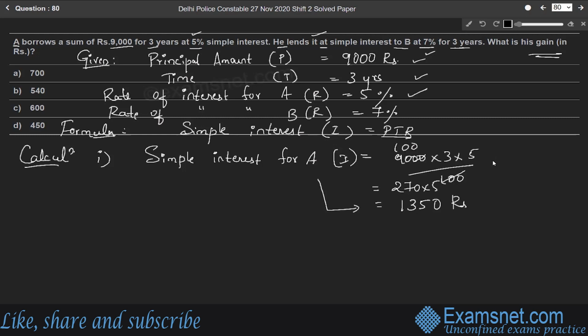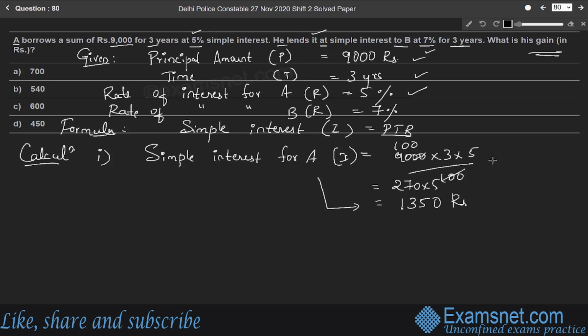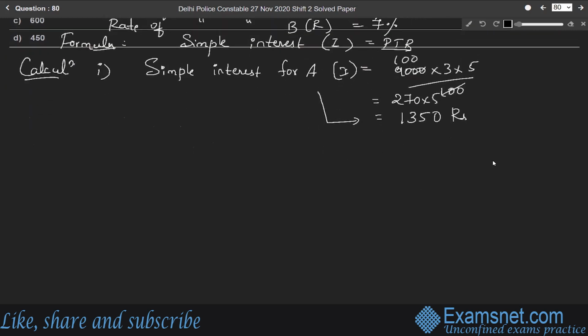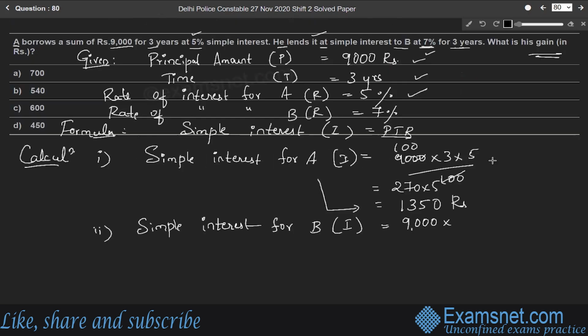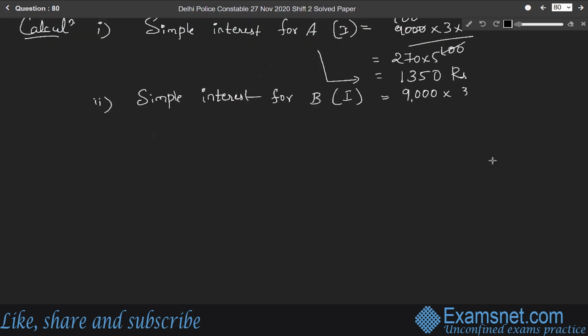So he lends the same money, that is 9,000 rupees, to B at 7% rate of interest for 3 years. Therefore, simple interest for B is I equal to PTR by 100. Principal amount is the same 9,000 rupees, time period is 3 years, and the rate of interest is 7 by 100.